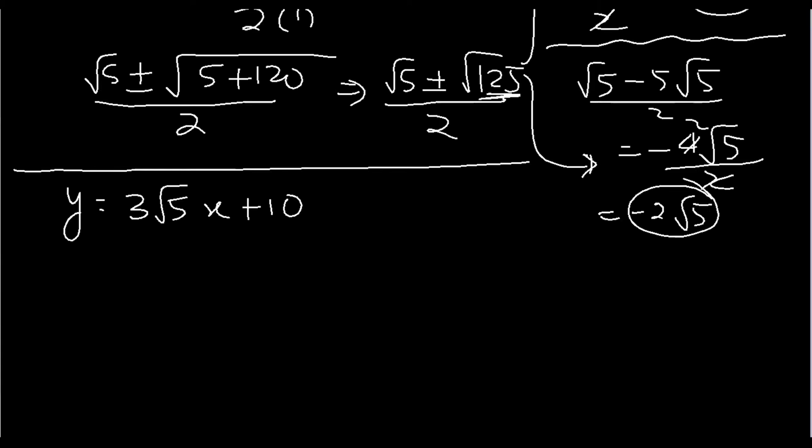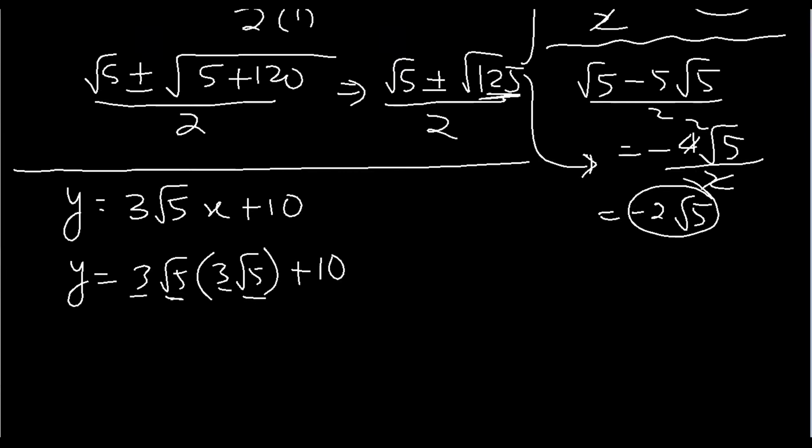So let's substitute the first answer, which was 3 square root 5. So 3 square root 5 times 3 square root 5, plus 10. So 3 times 3 is 9, and square root 5 times square root 5 is 5. 9 times 5, 45, plus 10, which is 55.